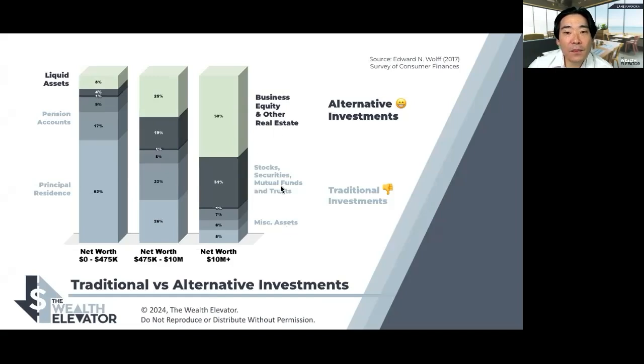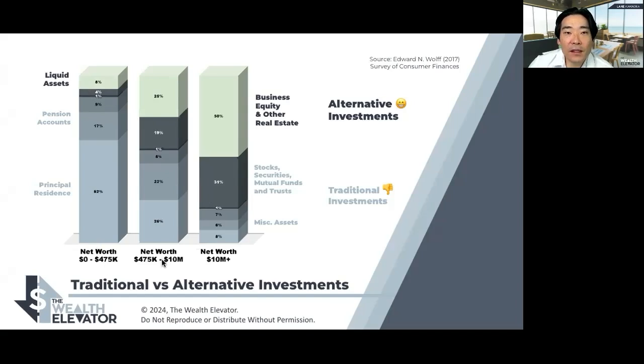Now, stocks, bonds, mutual funds, the traditional investments are still there at a third, but they also have some miscellaneous assets. A lot of times we just don't know what that is. So I would probably say it's just more business and equity and stocks, bonds, mutual funds spread apart. But you can see how it is vastly different than the average Joe.